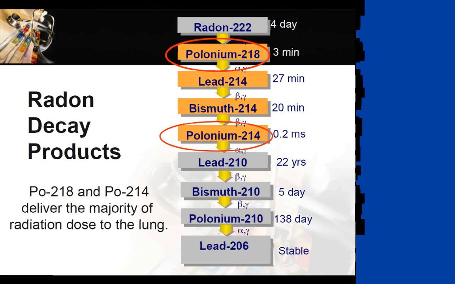And this is just talking about those decay products and how quickly they can change over from one element to another. We have radon, and then polonium 218 is 3 minutes. Where you see the 214 is 0.2 milliseconds. So at one point or another, you're going to be inhaling or exhaling, and in that minimal amount of time, some changeover is going to happen inside your lungs.